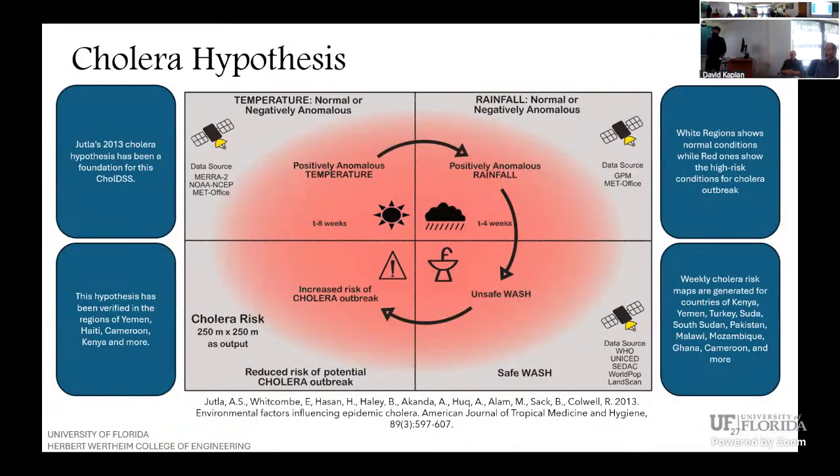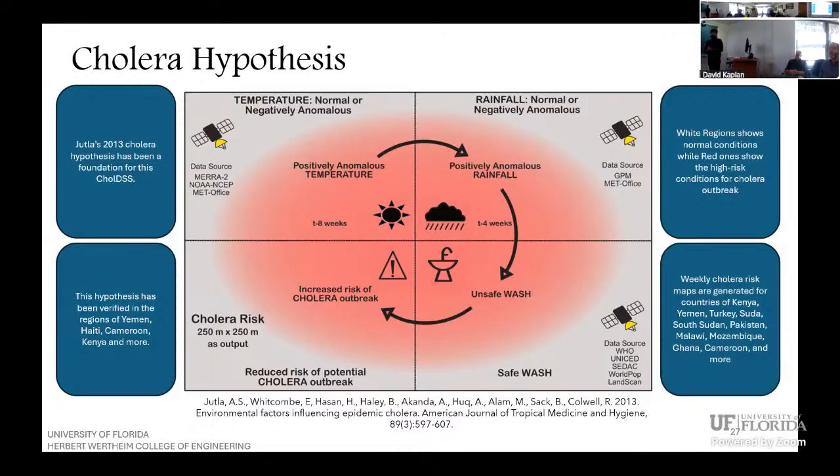So this is the hypothesis given by Dutta in 2013. For this figure, let's just focus on the red circle in the middle. At the top left, let's say T is today's date. So T minus 8 weeks, that means 2 months from now, positively anomalous temperature.